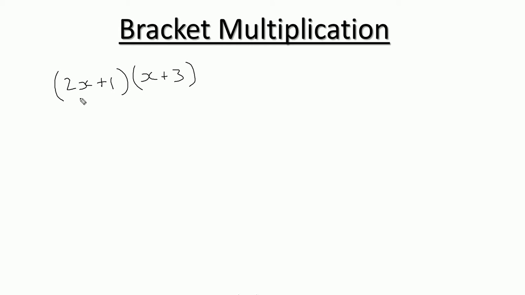It just avoids mistakes. So what you have to do is draw arrows between each term in this bracket and each term in this bracket. So you have the first term here times by the first term here, then you have the first term here times by the second term here, and then you have the second term here times by the first term here, and the second term here times by the second term here.